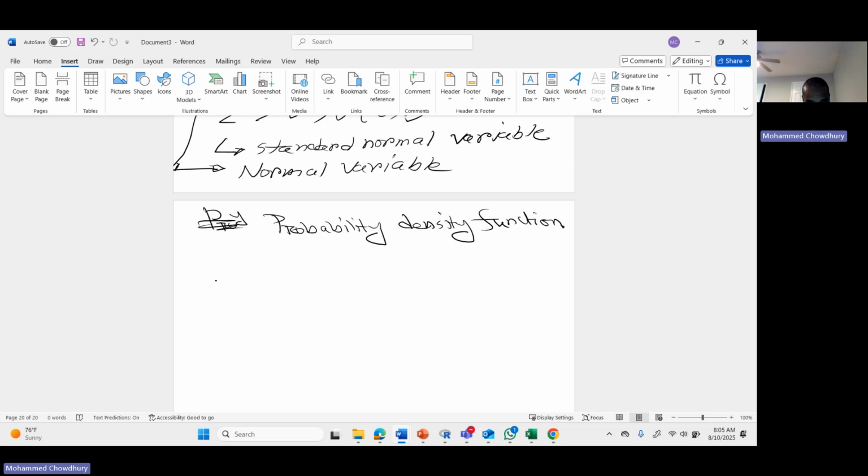Probability density function could be written as f of x, mu and sigma. This is the mathematical format of the normal distribution.